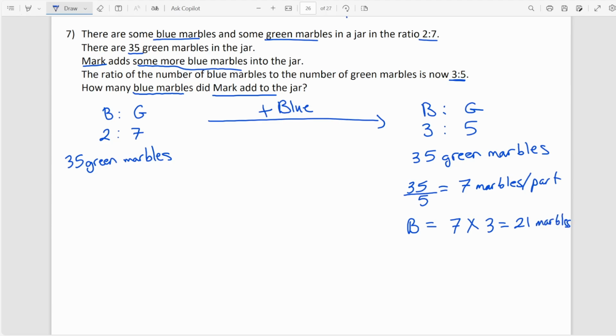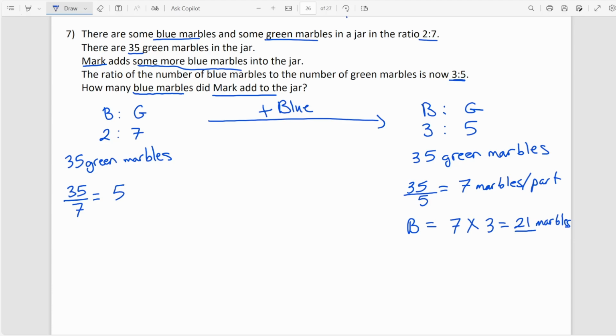Of course, the question doesn't want the final amount of blue marbles I have. He wants to know how many blue marbles did Mark add. Now we know that after he added, we have 21. Let's figure out how much was there originally, blue marbles, through this ratio, and we'll subtract to know how much he added. So in this ratio, I will divide my 35 green marbles by 7 parts for green, and this gives us 5.